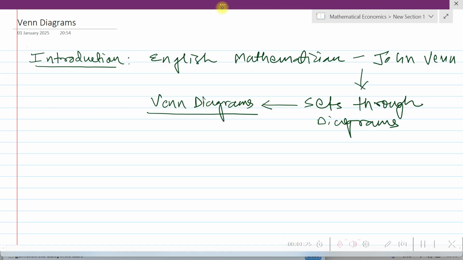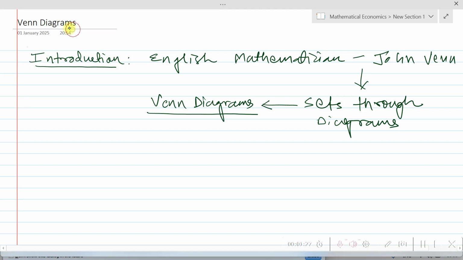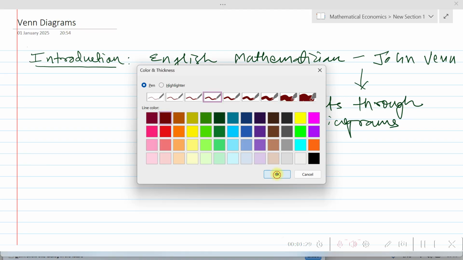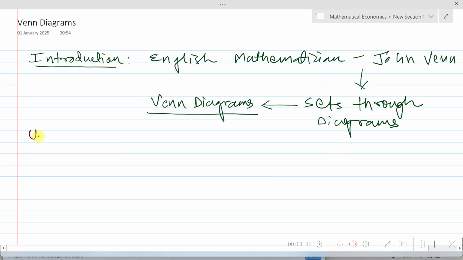So in the concept of Venn diagram, we need to understand the idea of universal set. So what is universal set?